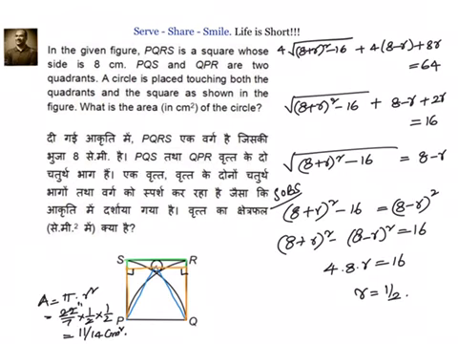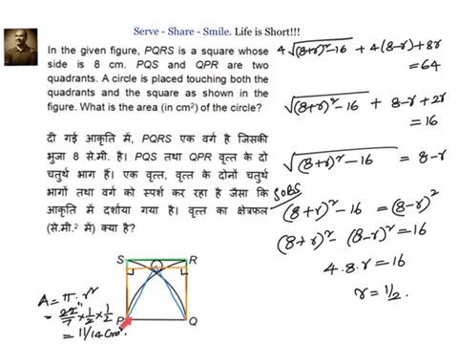So what's our approach to solve this problem? Let's have a recap. We have been given a square and two quadrants, one with center P and one with center Q. We know the radius of each quadrant is equal to the side of the square, 8 centimeter. There is a circle which is touching both the quadrants and also the side of the square, as shown in the figure. We have to find the radius of that small circle.